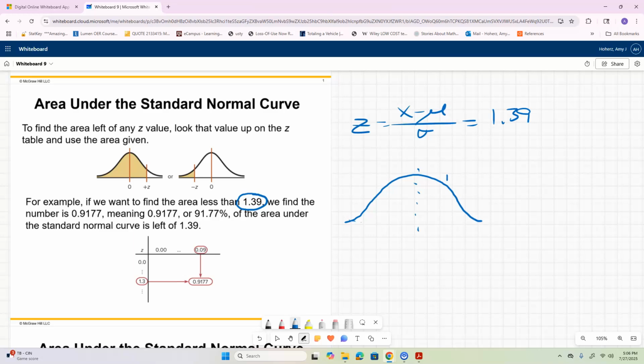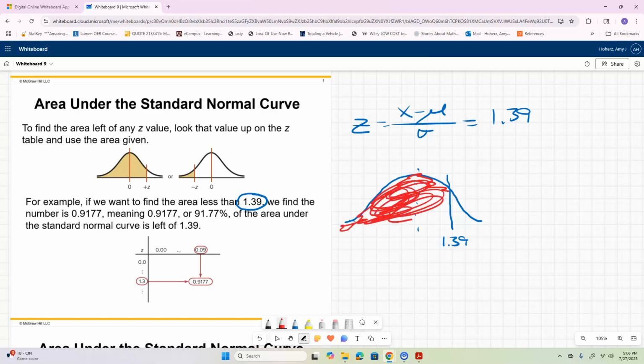So 1.39 is up here. This doesn't have to be a perfect picture, it's just to help you visualize it. So there's 1.39, and we want to know what percentage of the data or what area under the curve is to the left of that.